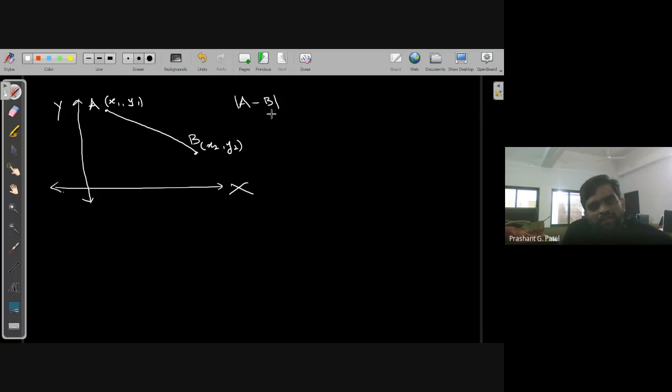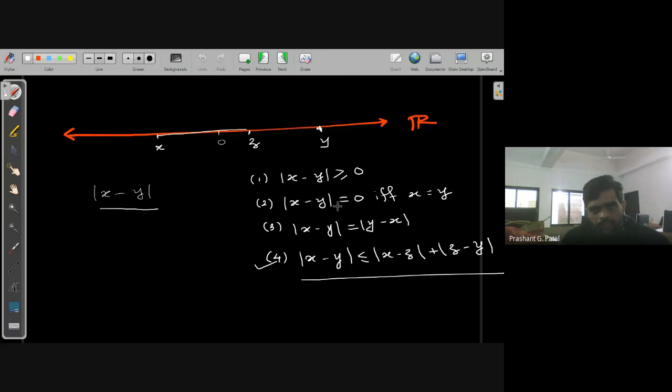And we know the distance formula in coordinate geometry is the square root of x1 minus x2 squared plus y1 minus y2 squared. This is the distance between two points.